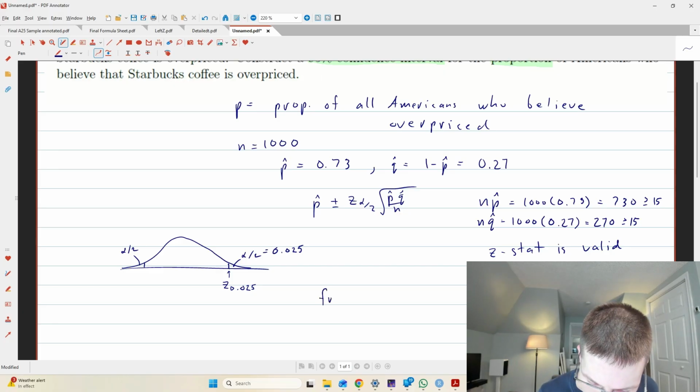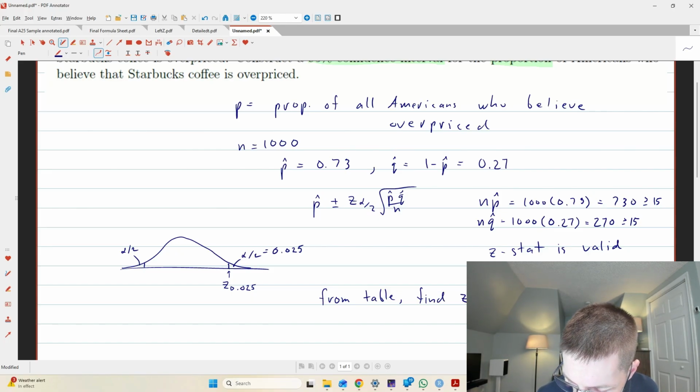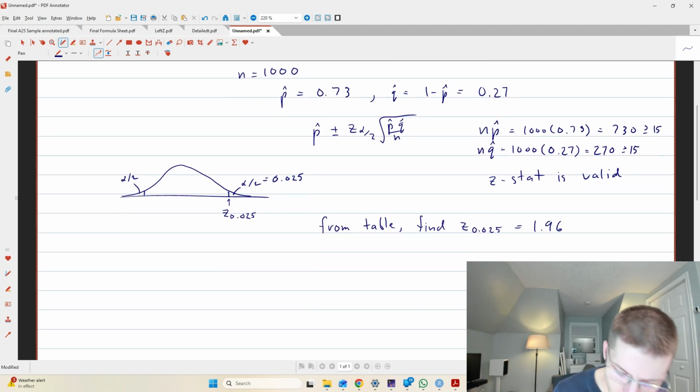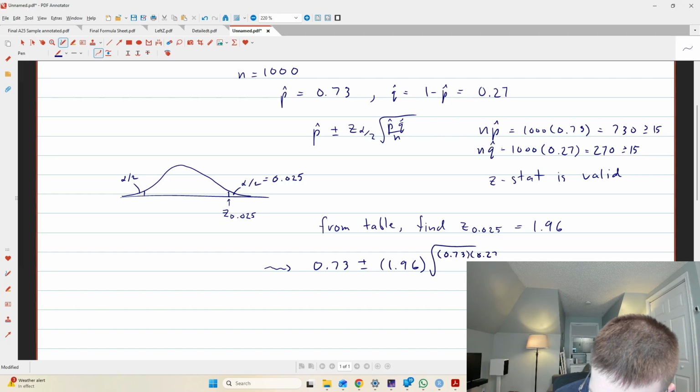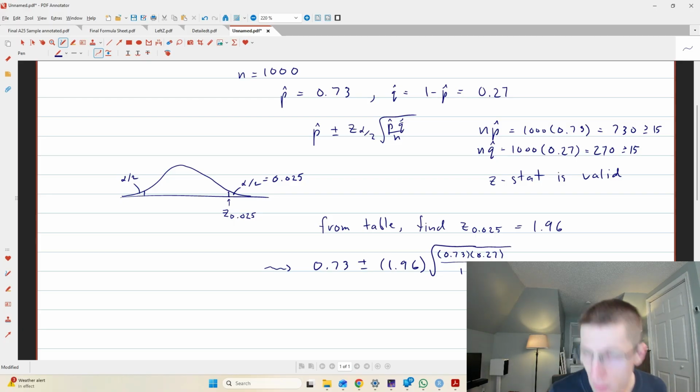So from the table, you can find Z 0.025 is 1.96. And so we get the interval is going to be 0.73 plus or minus 1.96 times the square root of 0.73 times 0.27, all over 1,000.